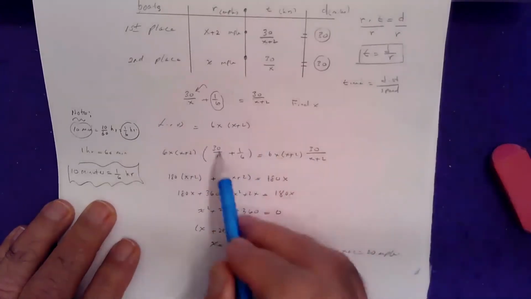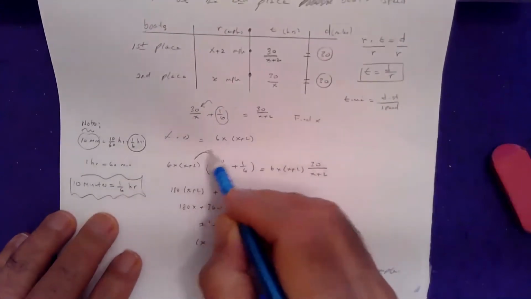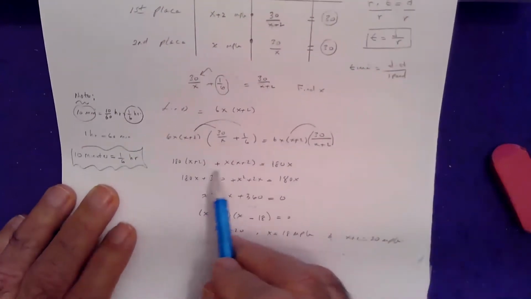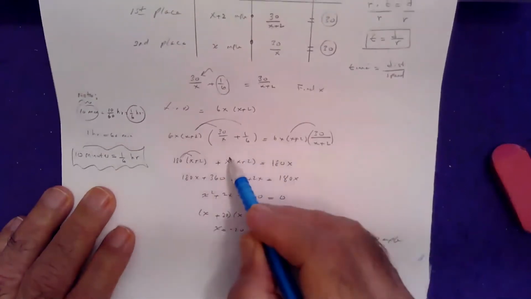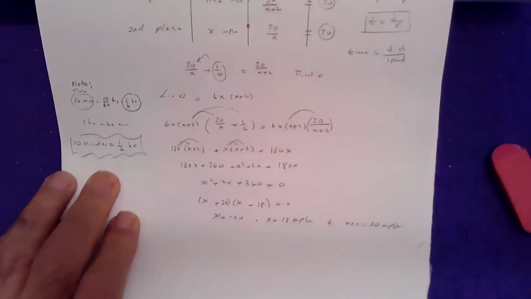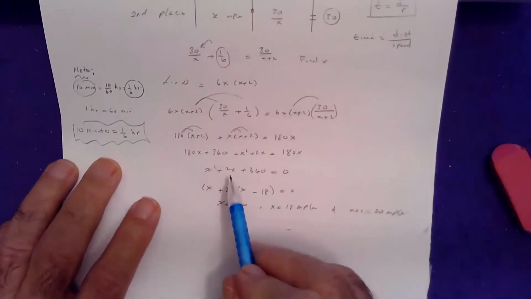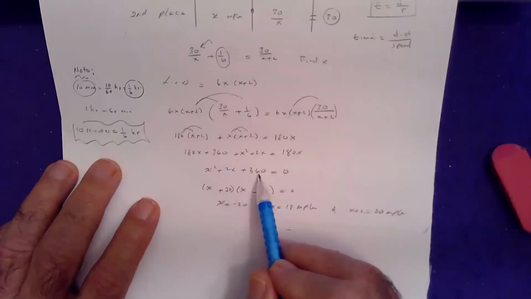Multiply both sides of this equation by this LCD, remove the parentheses, and lo and behold, you get this. At the end of the day, when you combine the like terms and put the equation in standard form, because it's a second degree polynomial, you get this.